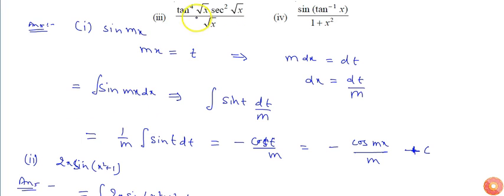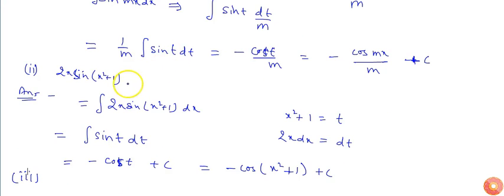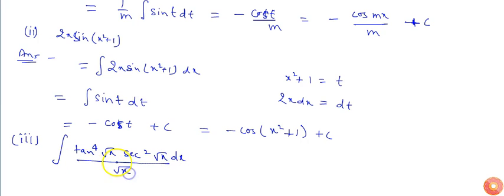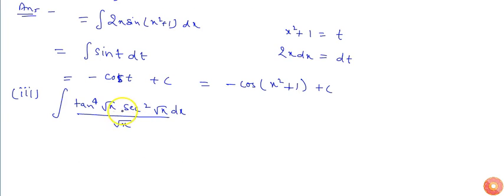Now part 3. Part 3 is the integration of tan to the power 4 root x sec square root x dx by root x. So it is difficult to integrate, so I can use the substitution method here.